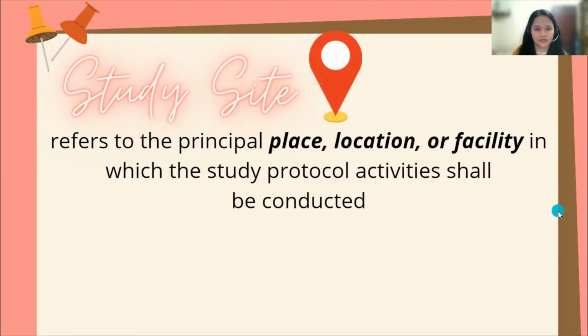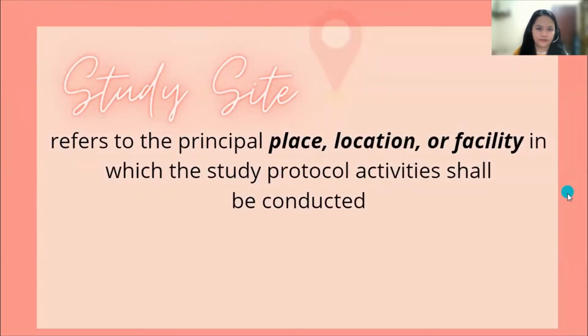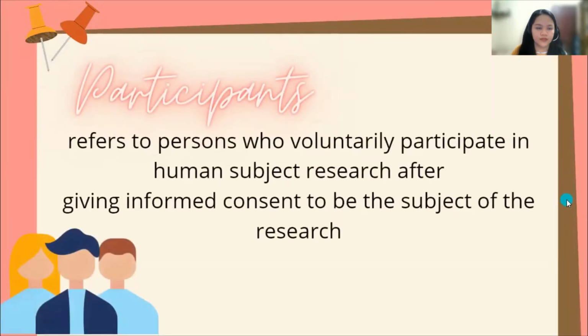So that's the study site. Its place, location, or facility. Participants refers to persons who voluntarily participate in human subject research after giving informed consent to be the subject of the research. So sila yung mga respondents mo na tinatawag natin.